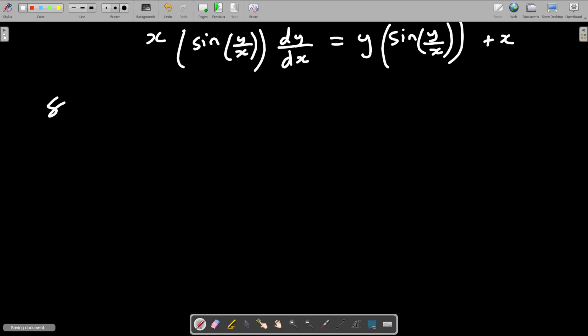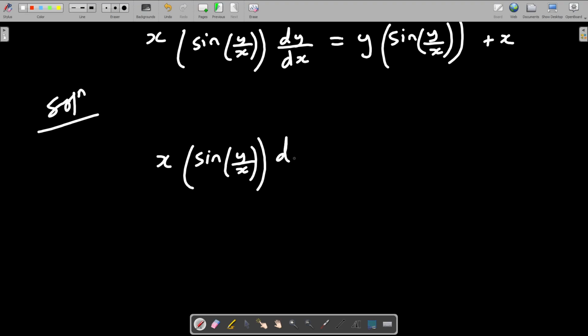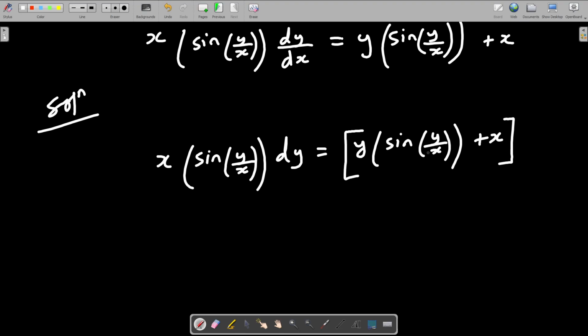Okay, so solution. Convert this differential equation into the form which we require. Sine of y by x dy is equal to y times sine of y by x plus x dx.